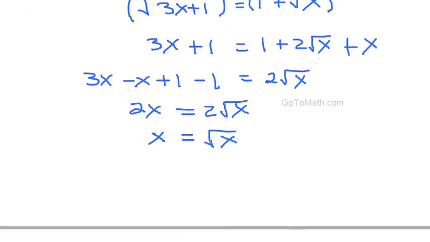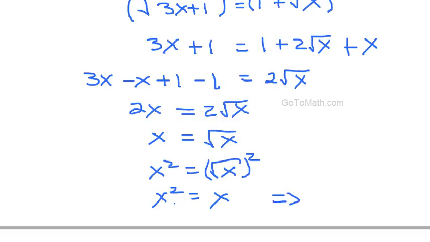If we want to get rid of this radical here, we're going to square both sides, and that's just going to leave me with, okay, I better not skip any steps. So now we have x squared is equal to x. Okay, continue this over here. x squared minus x is equal to 0.